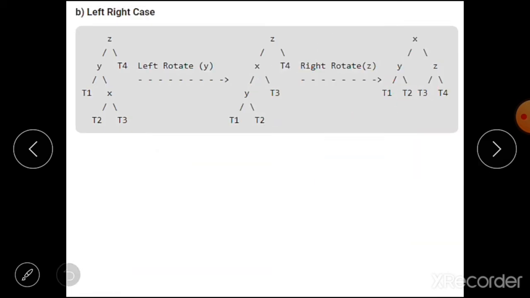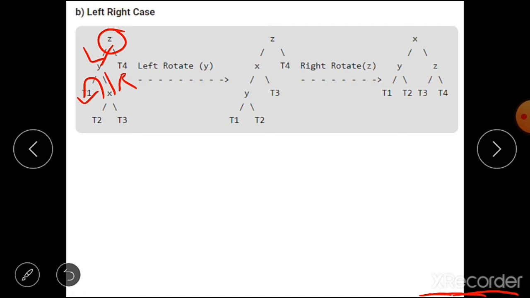Then next one is the left right rotation. So here Z has a left child y, and y has a right child x. So it is a left right case. So it first performs a left rotation based on this y.